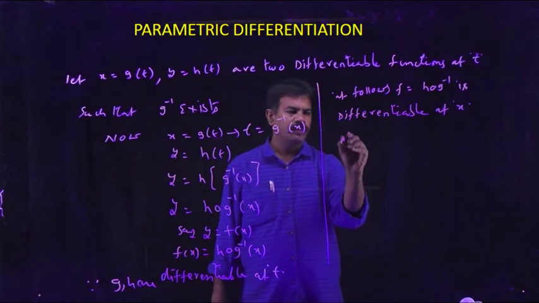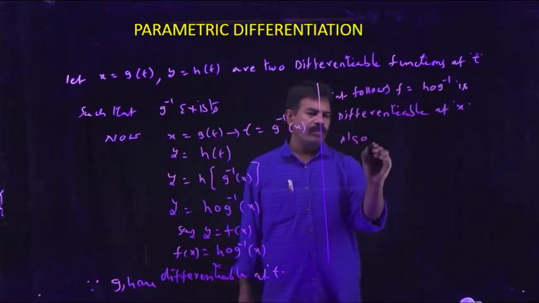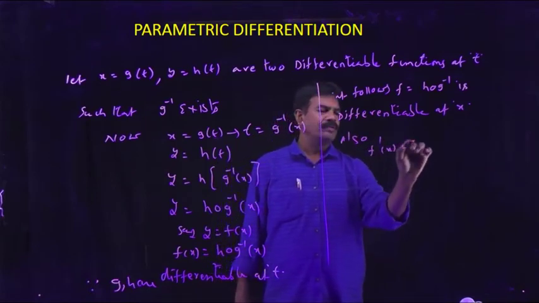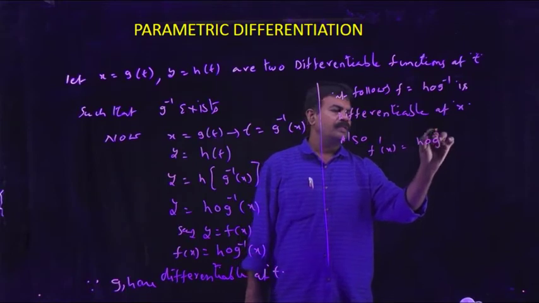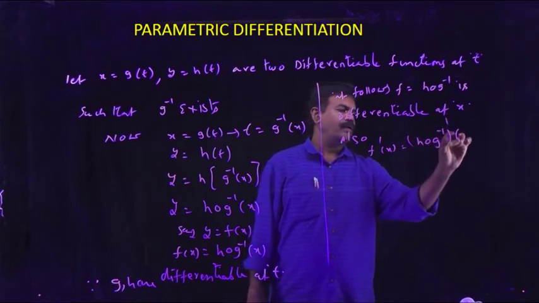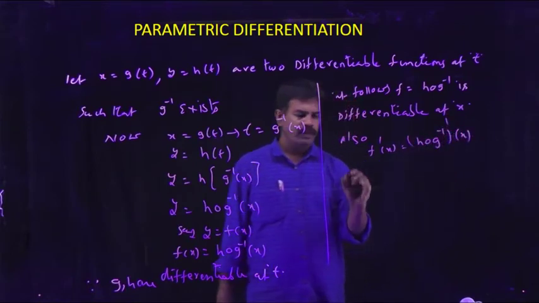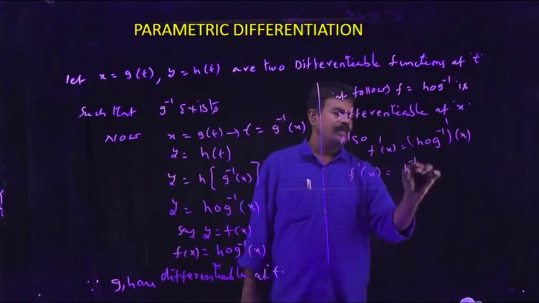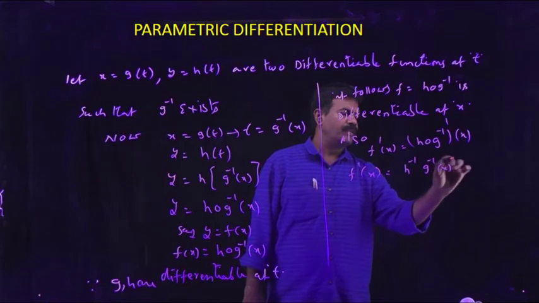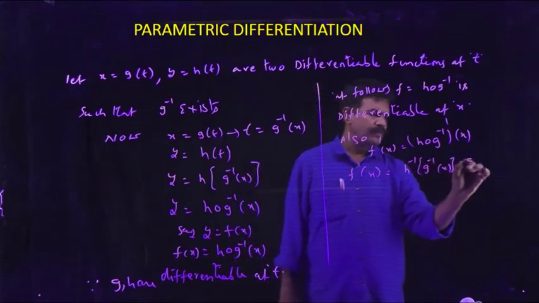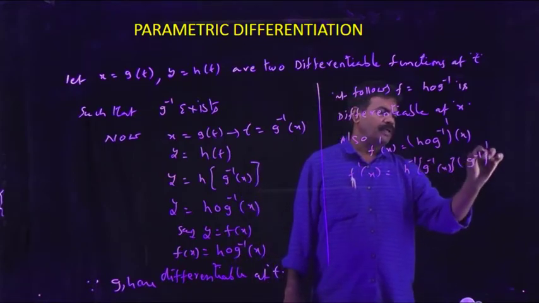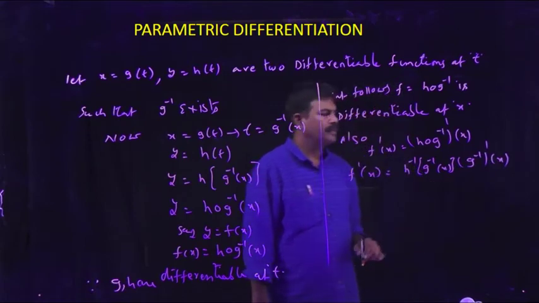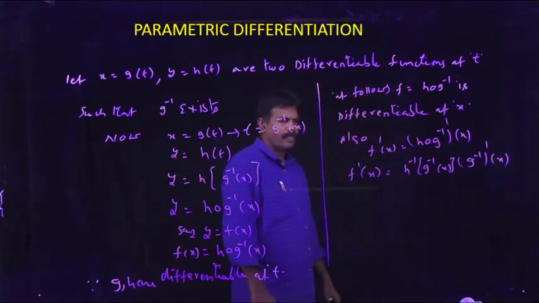Also f dash x is equal to h circle g inverse whole dash of x. That is f dash x is equal to h dash of g inverse of x into g inverse whole dash of x.